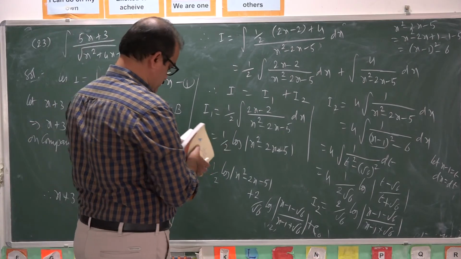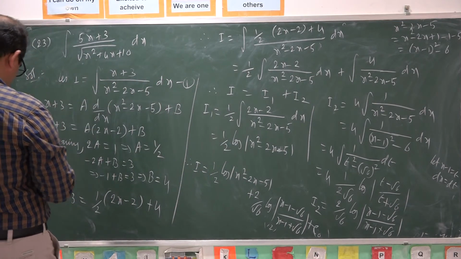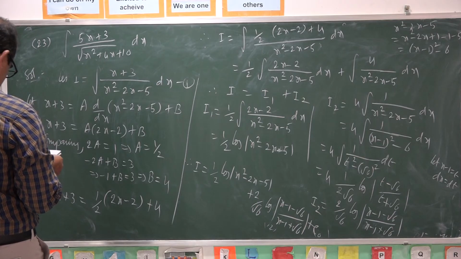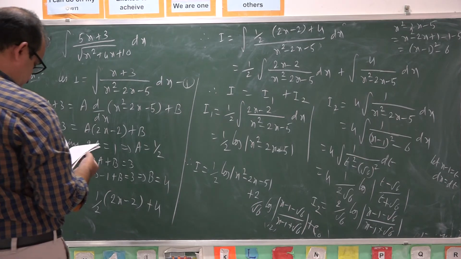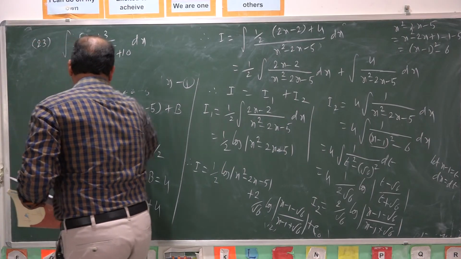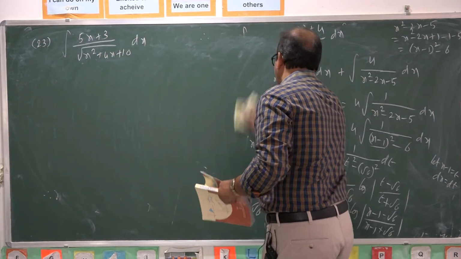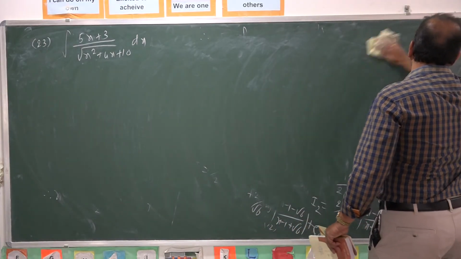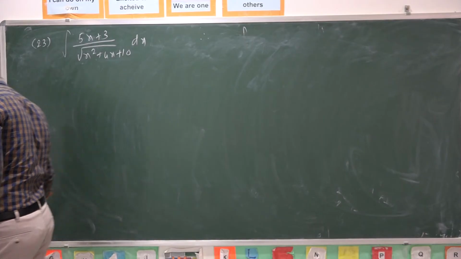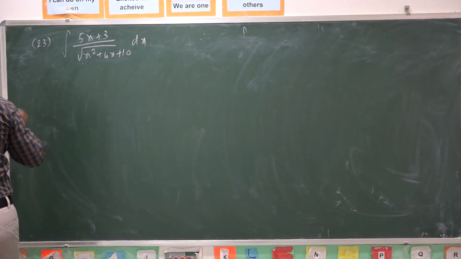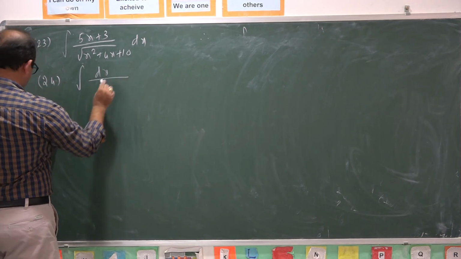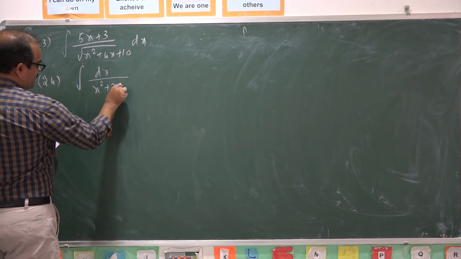Next, we go to the problem 24. Integral dx by x square plus 2x plus 2.